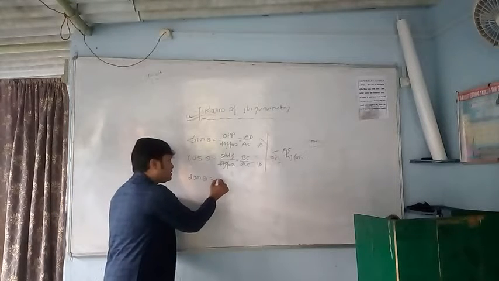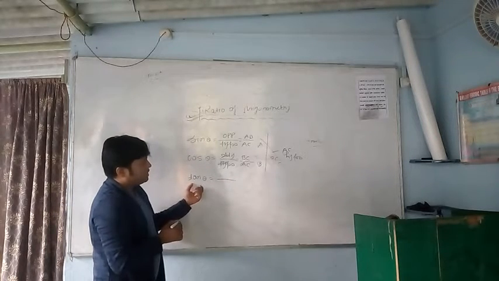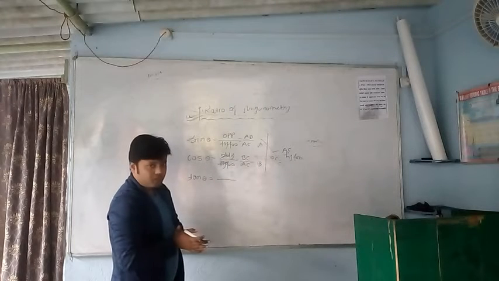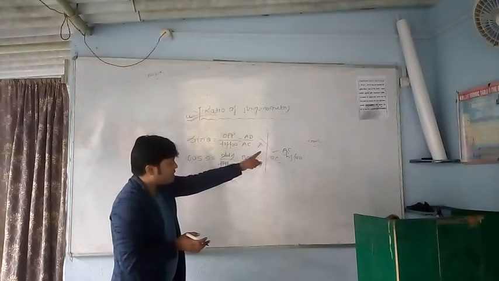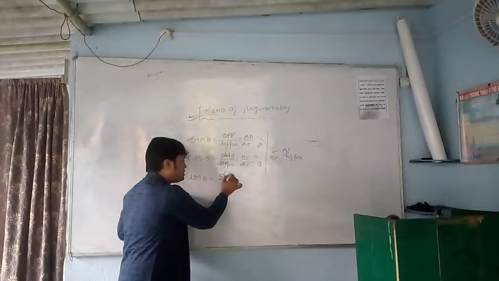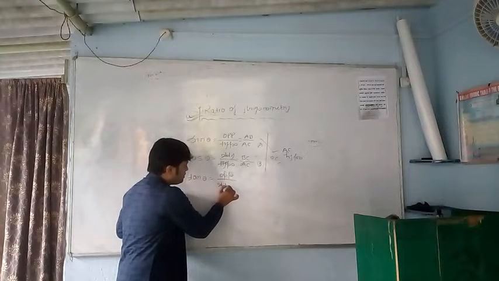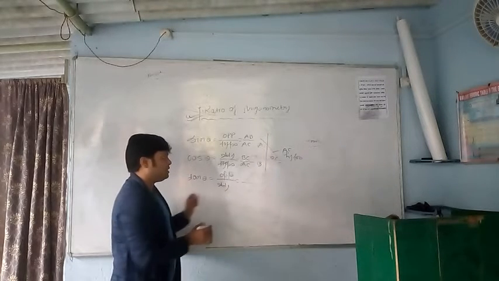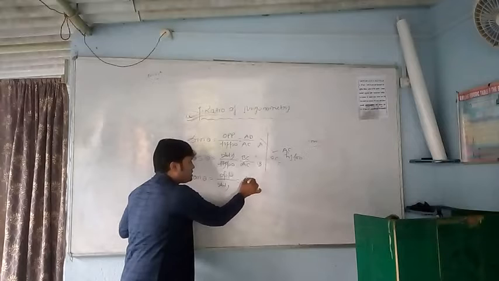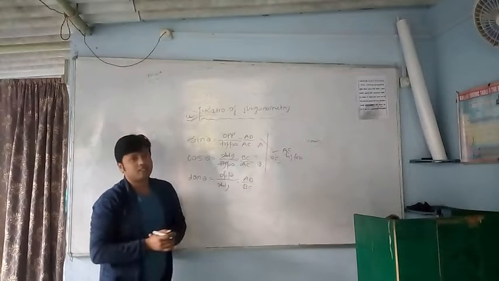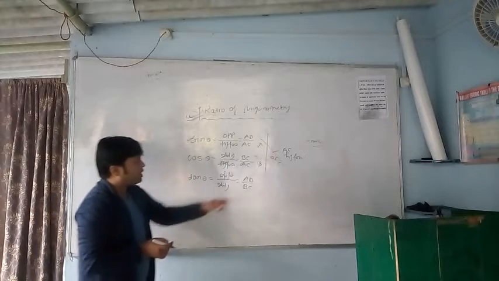Now we talk about tan theta. Tan theta is opposite upon adjacent. The opposite side is AB and BC is the adjacent side. That is for angle C.